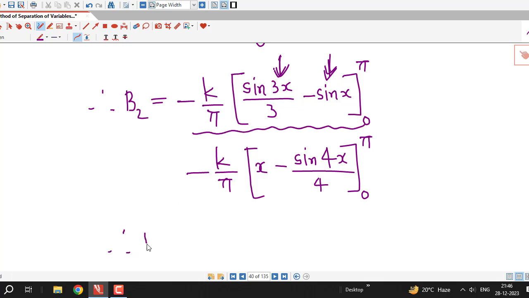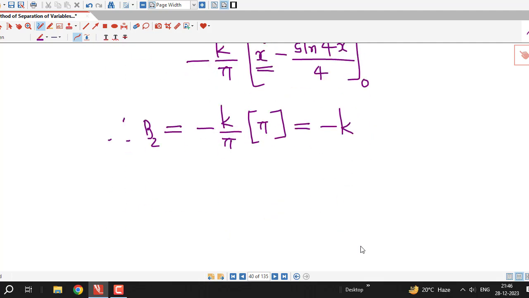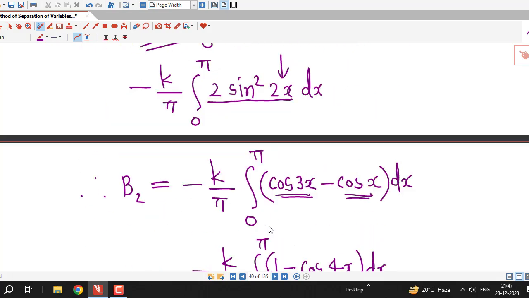And if I take x equal to pi in this second bracket, I will have pi minus sin 4 pi, that is 0, and for x equal to 0 I will have 0 minus sin 0, and this is minus k. So we find that the value of b2 is minus k, and b1 we have obtained, that is b1 equal to k.